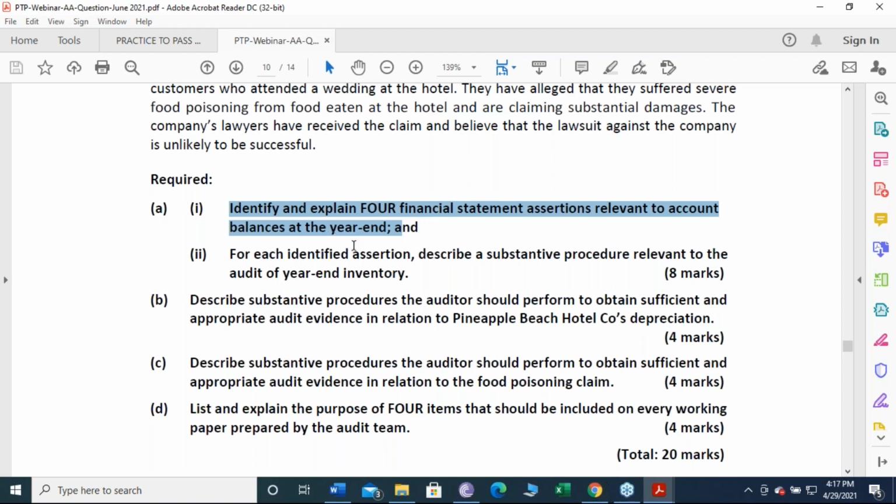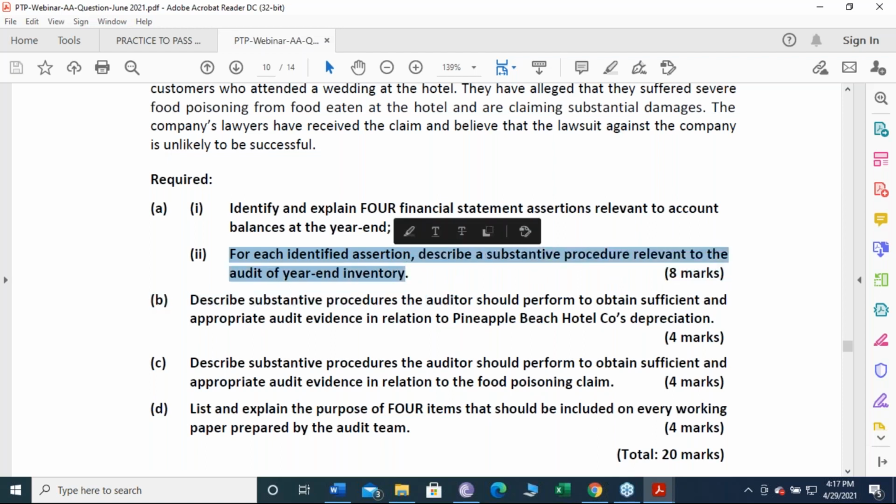So what's the knowledge base in this? You need to learn the definition of existence, valuation, rights and obligations, completeness, occurrence, cutoff, accuracy. So you need to learn all those definitions. For each identified assertion, describe a substantive procedure relevant to the audit of year-end inventory. So you need to verify the procedures in order to verify the year-end inventory.